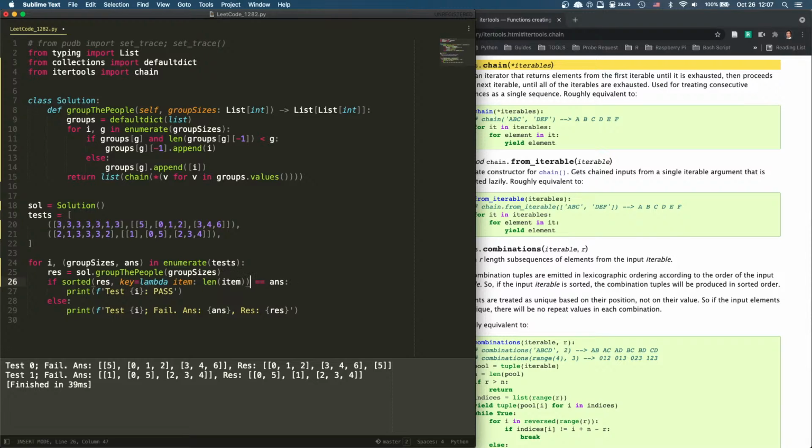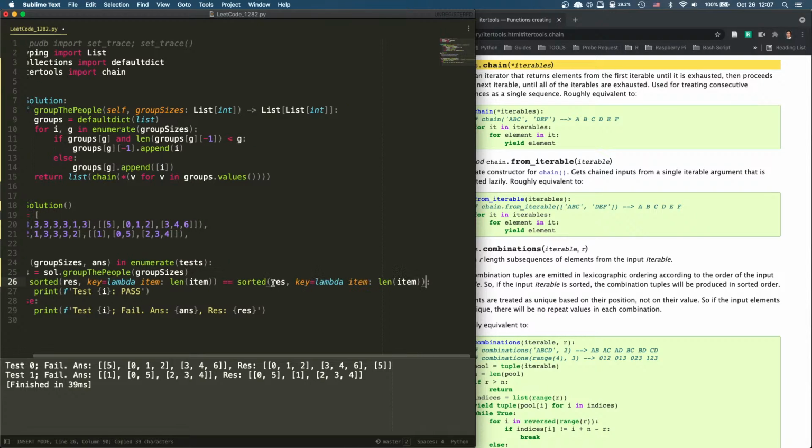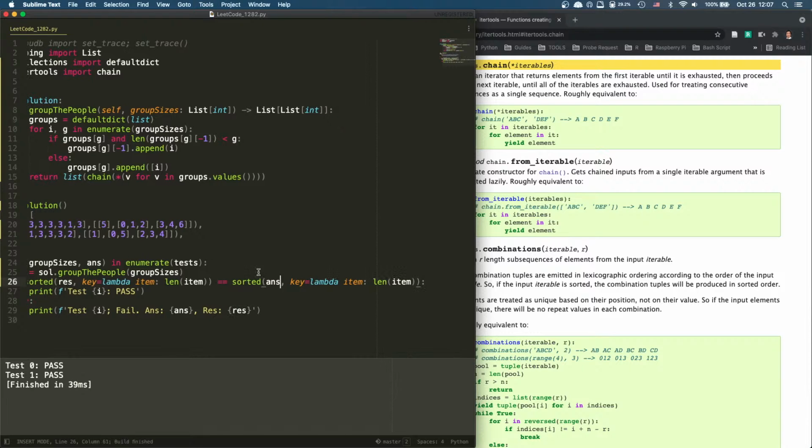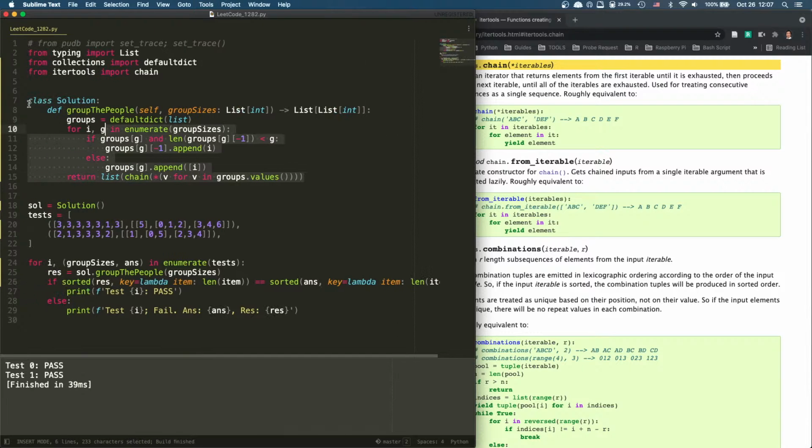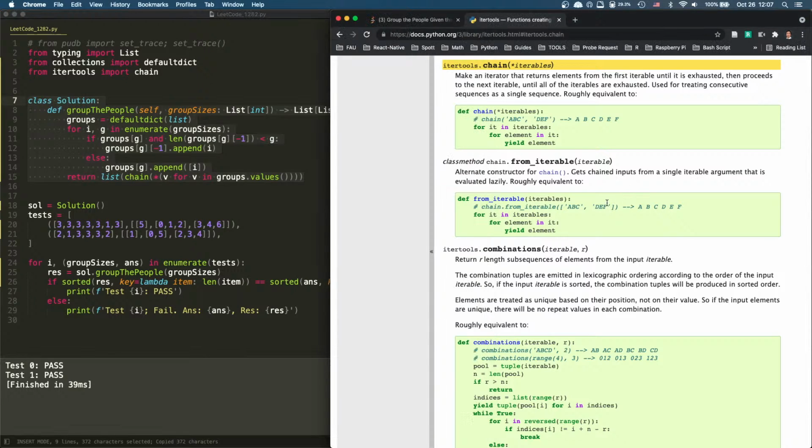Yeah, that should be sufficient. So I'm going to sort on this and sort on the answer. There we go. Okay, yeah, that is how you use the chain. You have to pass in each individual variable into it. So if we have done the comprehension, we need to deconstruct the comprehension.